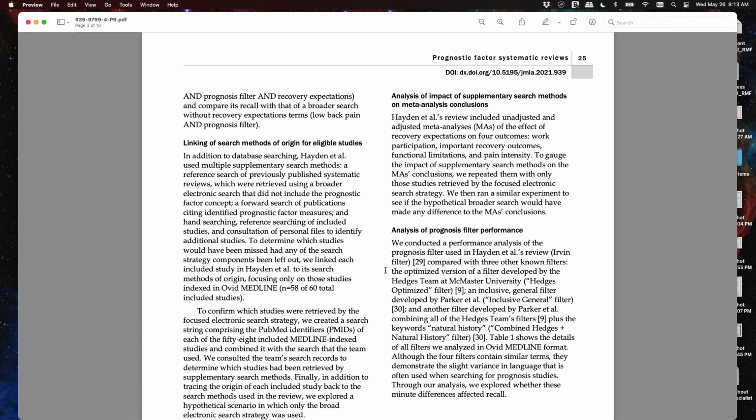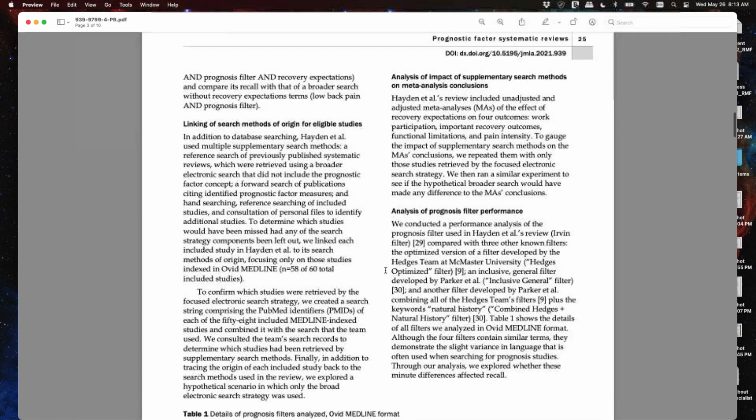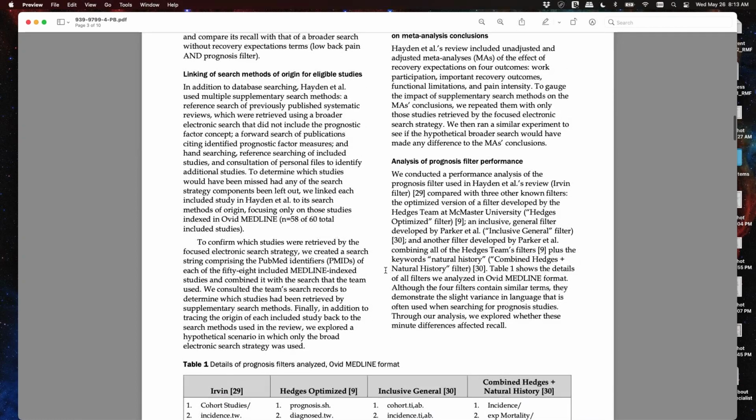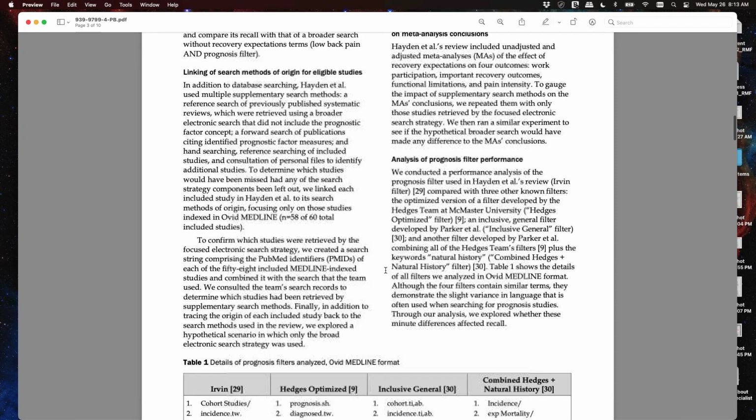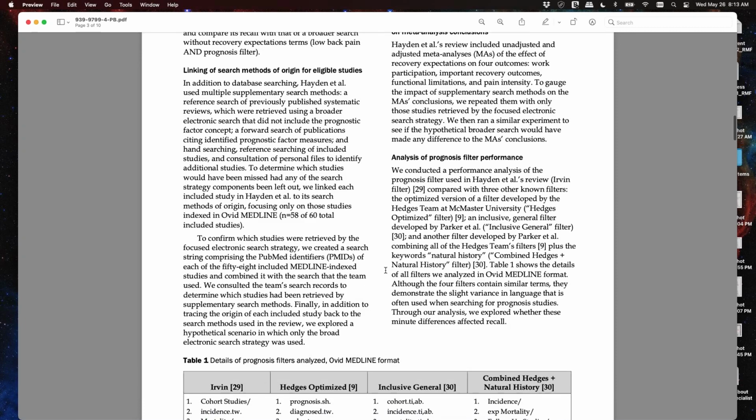So basically what they wanted to do is find where the eligible studies were sourced by. Not talking about databases this time, but talking about the methods that helped identify these studies. And actually the whole paper is focused on everything included in Medline.